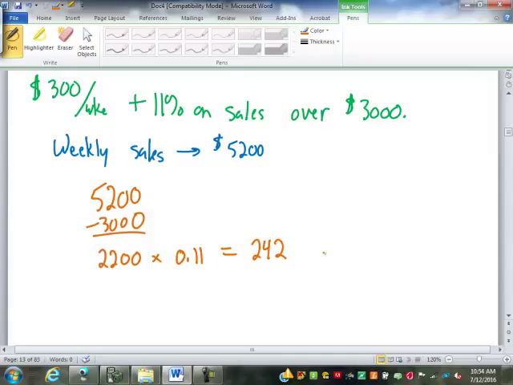So it's $242 is the commission, plus the $300 salary. So $542. Make sense?